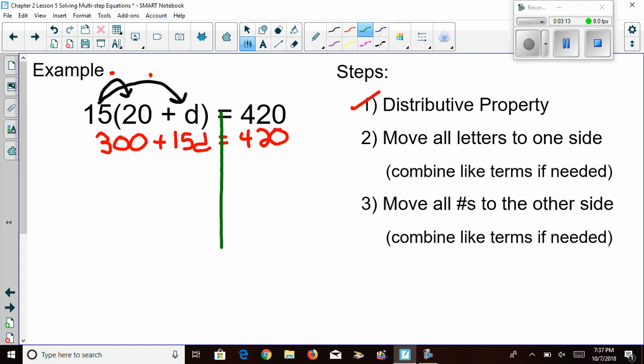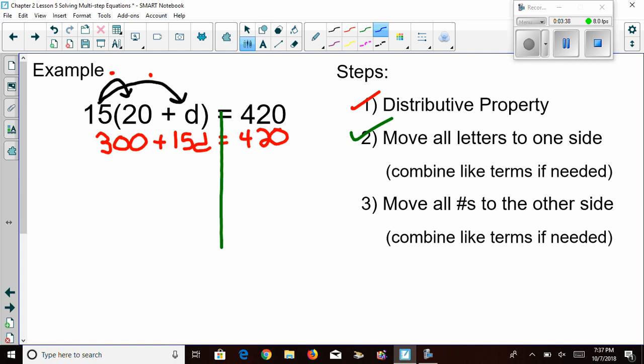Next, let's move all the letters to one side. The great thing about this equation is there is only one term with a letter, the 15d, so it's already on one side. And now we'll look at the last step, which is to move all numbers to the other side.